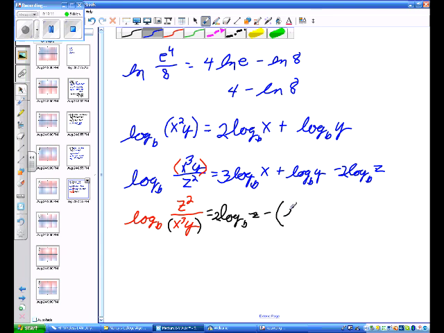So minus log base b of x cubed, which would be the power times the log, plus log base b of y.